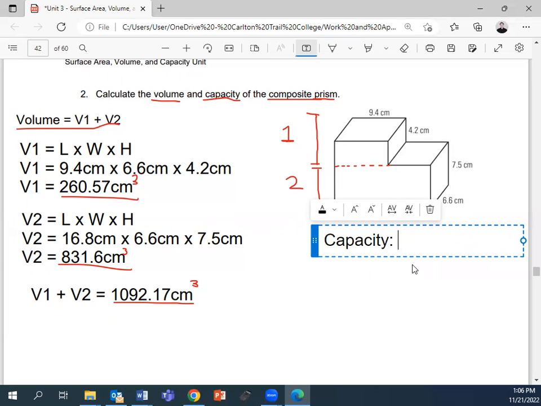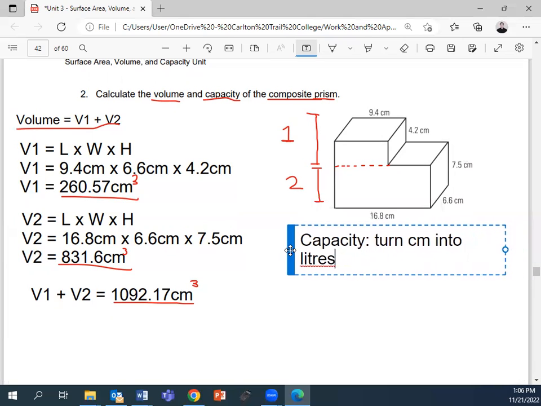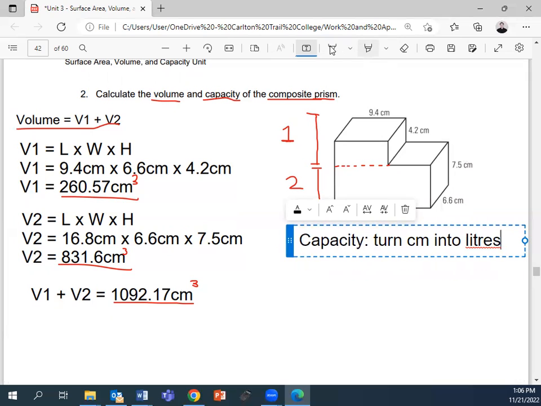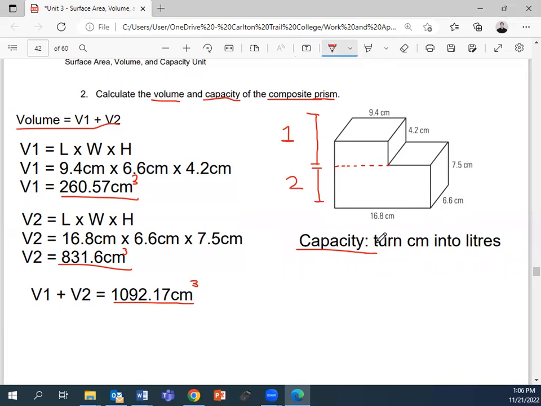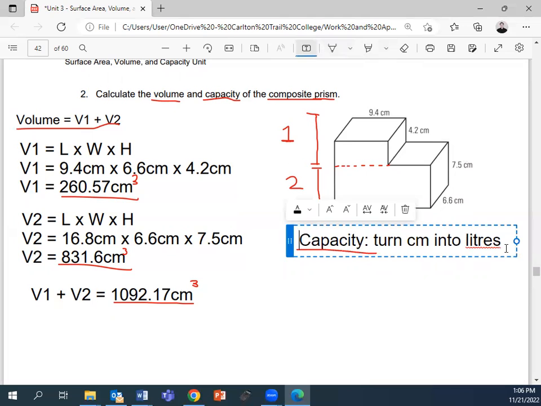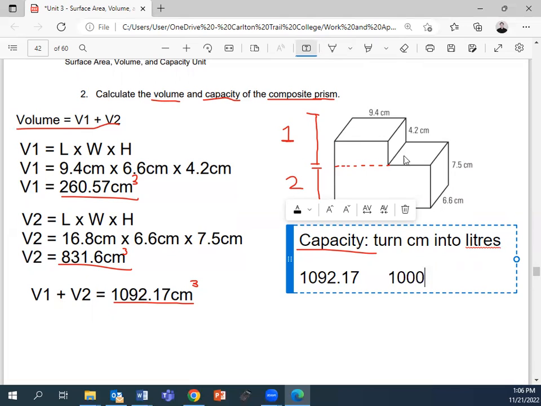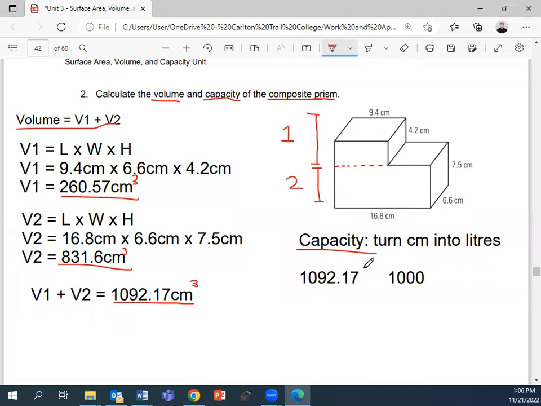So capacity is just turning the centimeters into liters, and I can do that by taking 1092.17 and dividing that by 1,000.